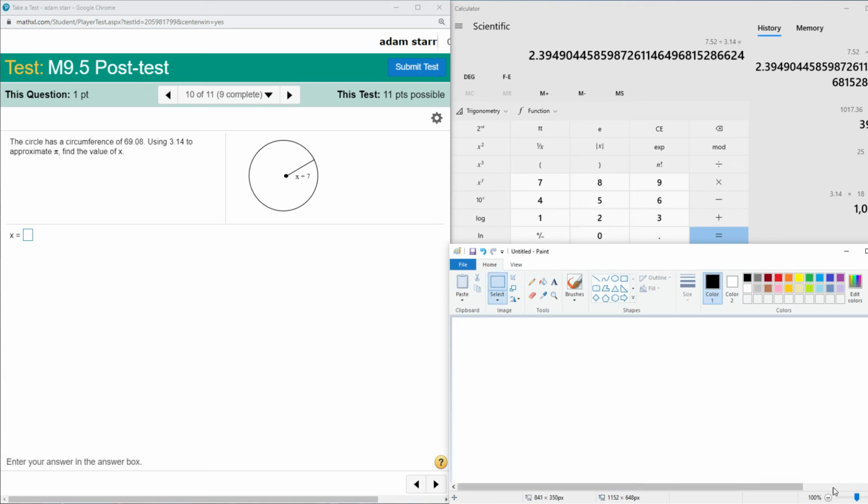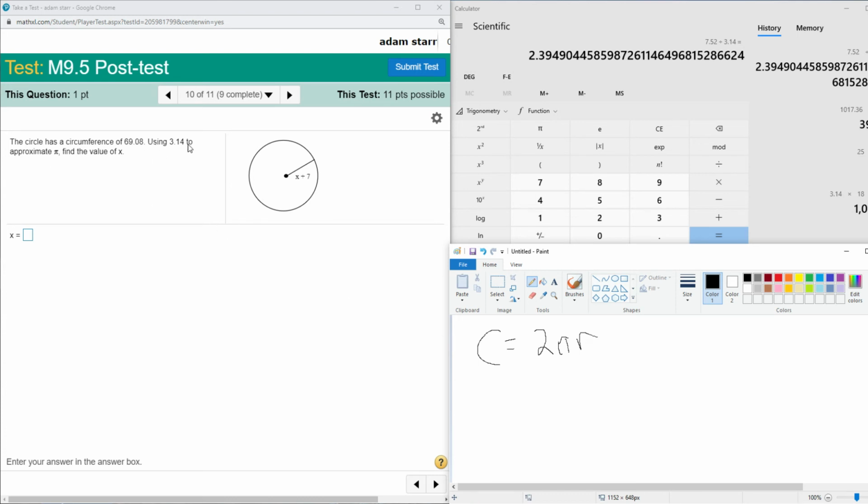Okay, this next one, I have a circle again. It's given me the circumference, and it wants me to use 3.14 and find x. X is a part of my radius here. So my circumference formula is 2 pi r.